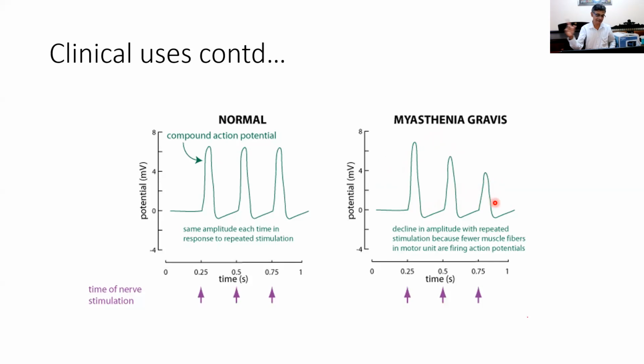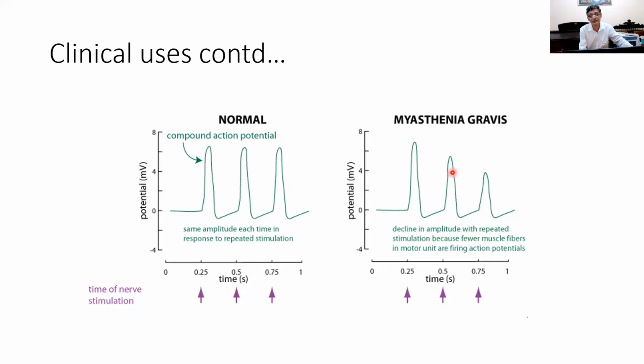So with repetitive stimulation of the nerve fiber, the height of the compound action potential gradually diminishes, right? So say 0.25, 0.5, 0.75, you stimulate. Same thing here, and your height has gone down. Decline in amplitude with repeated stimulation.